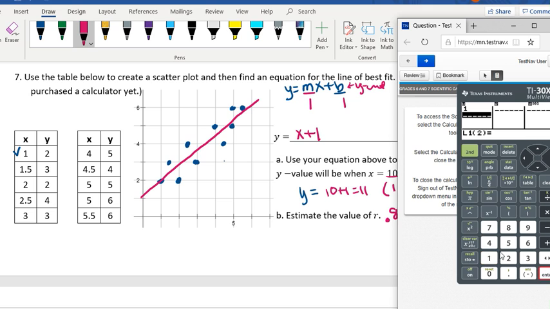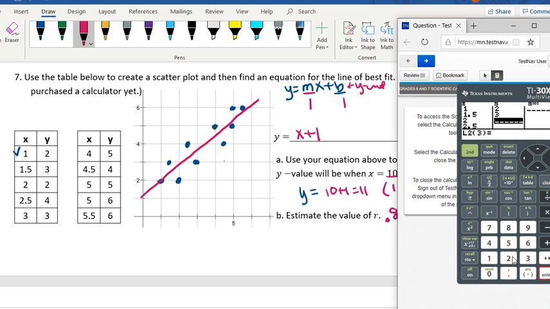So 1, enter, 1.5, enter, 2, enter, 2.5, enter, 3, 4, 4.5, 5, 5.5. And then the second line, you have to go up and arrow over.